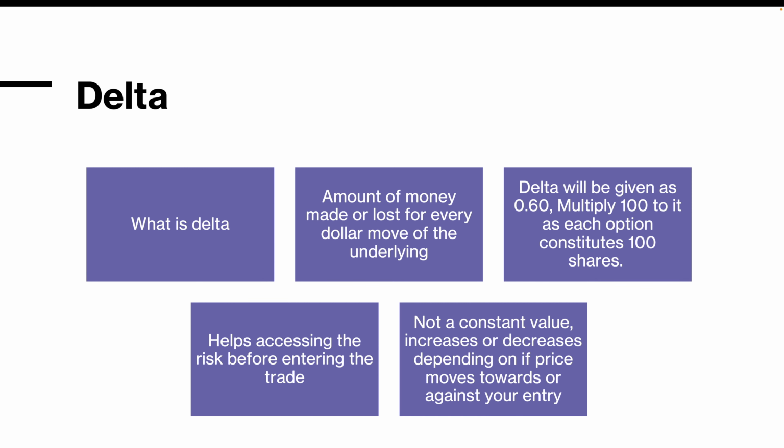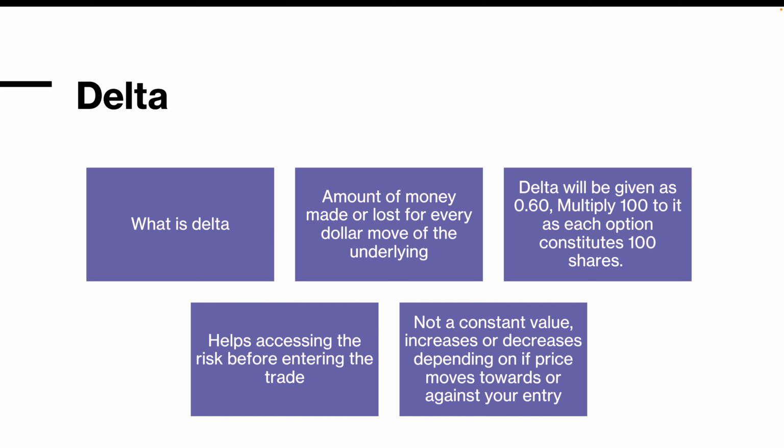Once you select the options, there'll be a small green button that says bid and ask price. When you click over there, it gives you a detailed explanation of what the Greeks are for the particular strike you're picking. Every single Greek will be mentioned like 0.60, 0.45, 0.10. Everything will be in decimal terms.